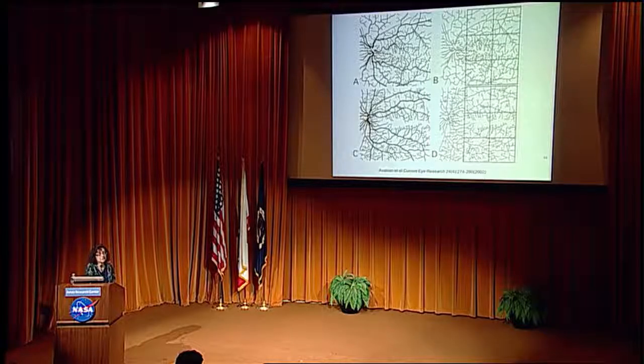Diabetic retinopathy is the major blinding disease for working-aged adults. So taking these approaches, we did see that indeed there was strong vessel dropout in the central region of the retina, the macula, which is very important for human and primate vision.